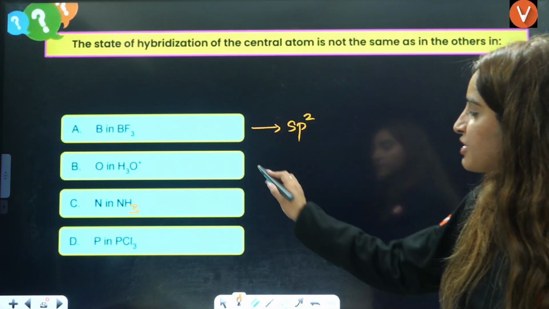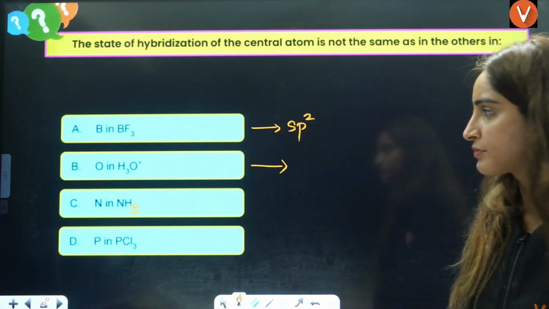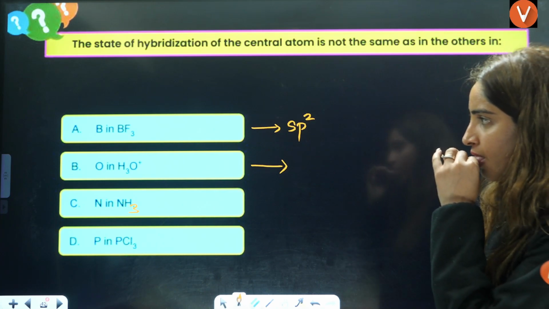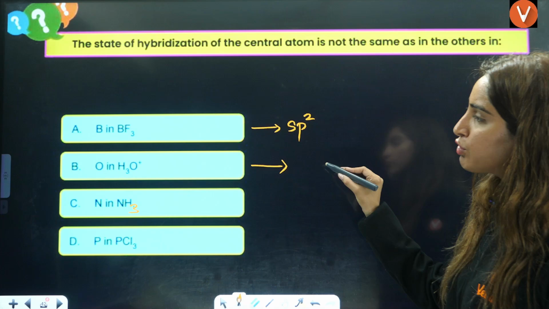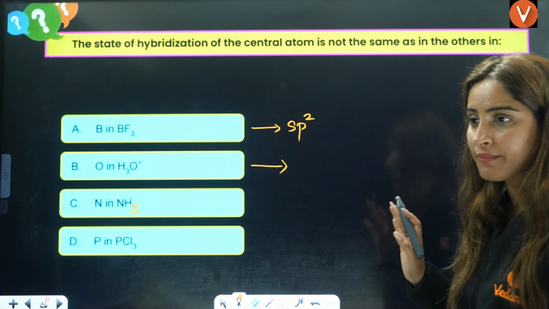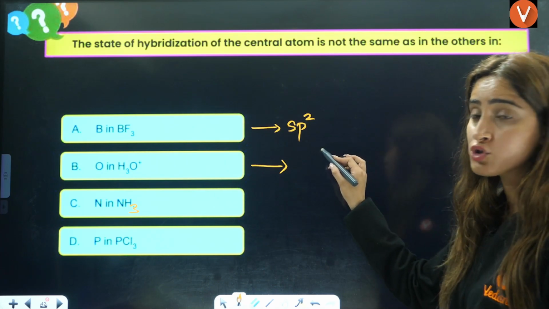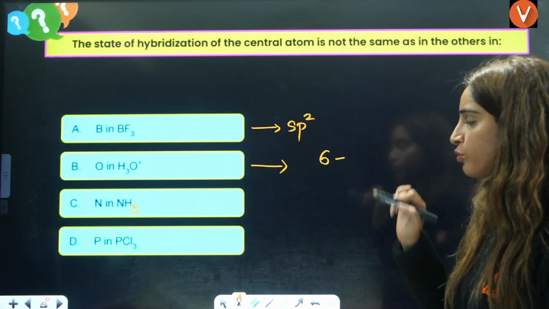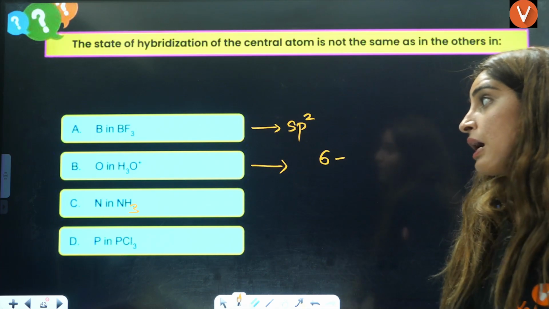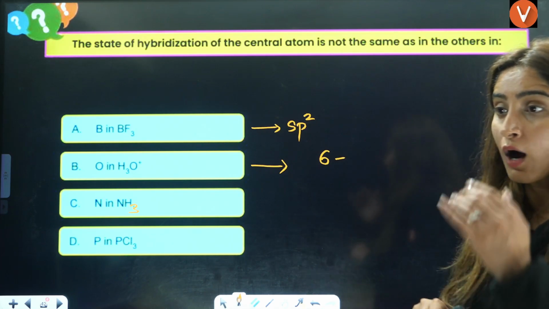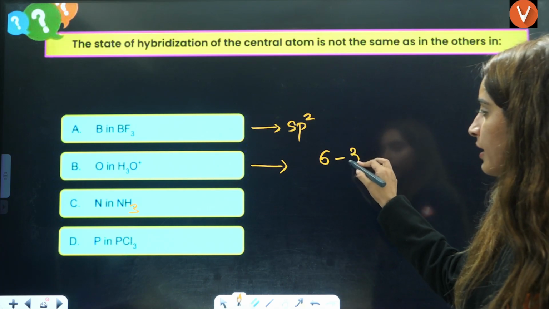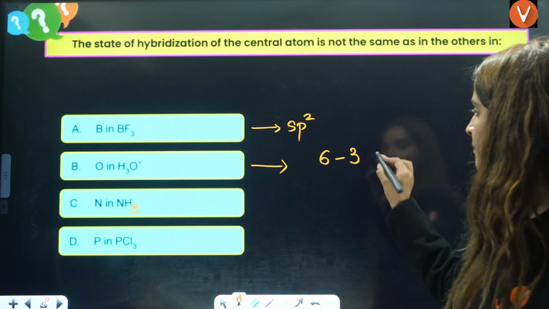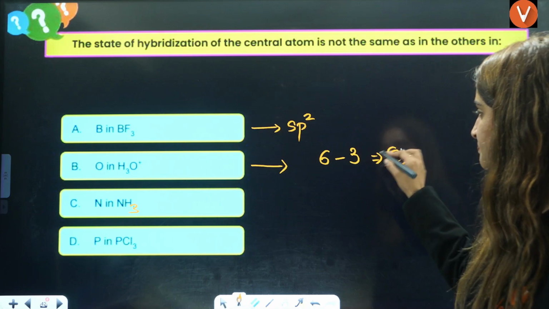Now, let us talk about H3O positive. Here, we know that the central atom is oxygen. Oxygen belongs to group number 16, that means 6 outermost electrons it has. Now, out of those 6 outermost electrons, 3 are already involved in the bond pairs. That means you are left with 3.